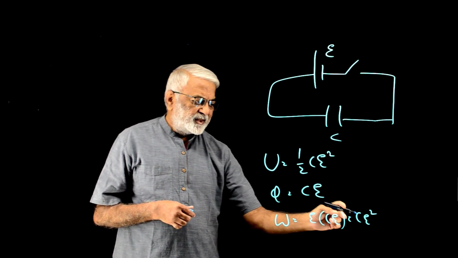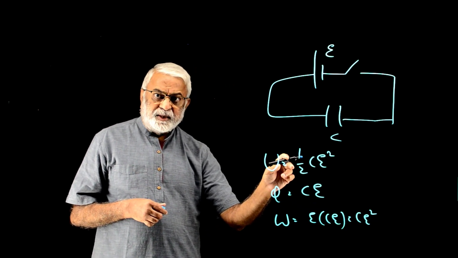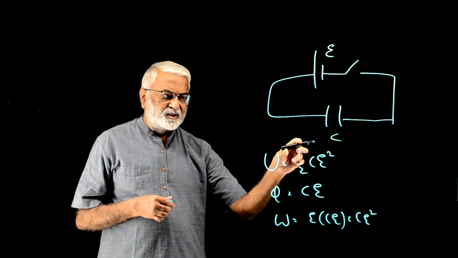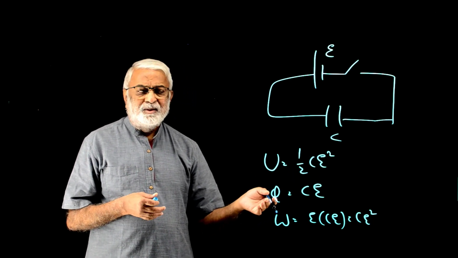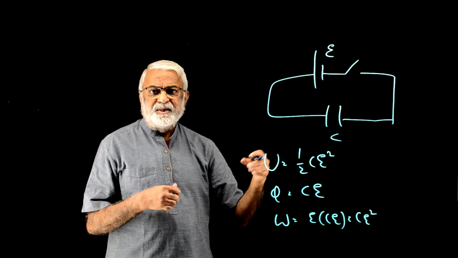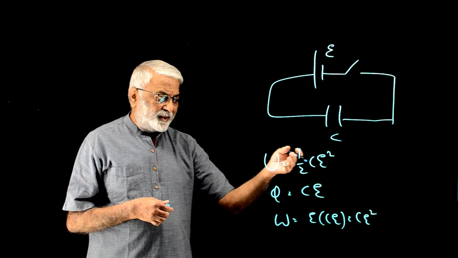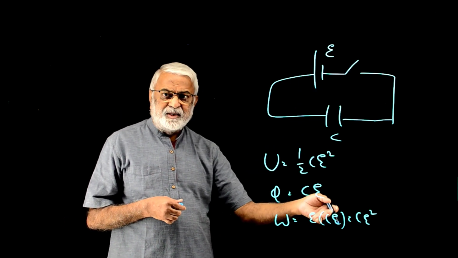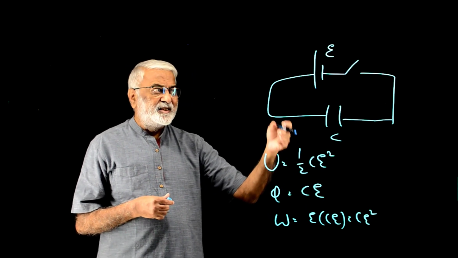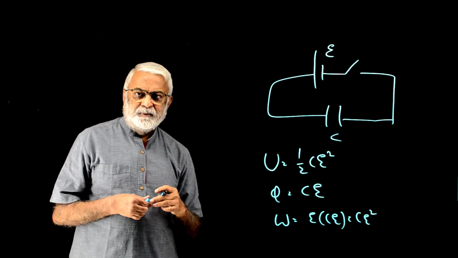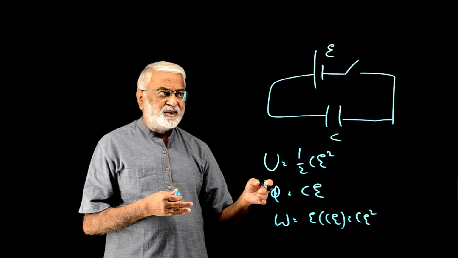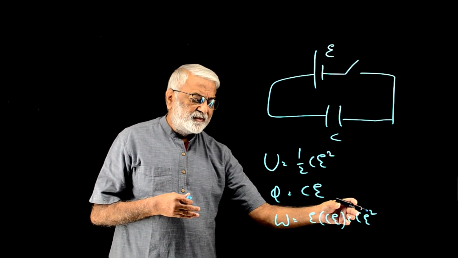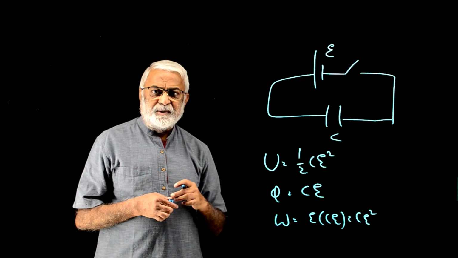So work done by the cell is CE squared, electrostatic potential stored in the capacitor is half CE squared, the rest is heat. As the charge flows through the wires, heat will be evolved, and you can see that half the work done by the cell is wasted as heat in the circuit. It's a big waste, right? 50% of the energy is lost here, only 50% of the work done is useful energy in the capacitor.